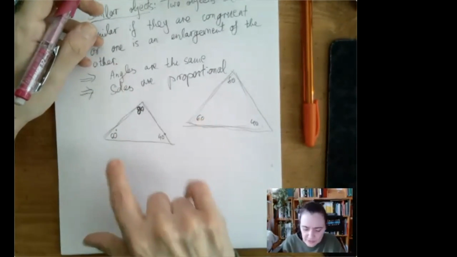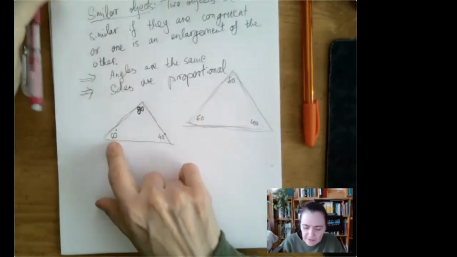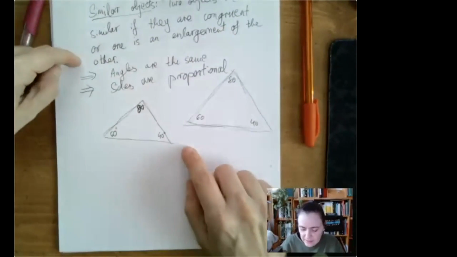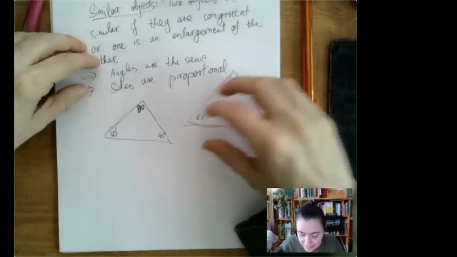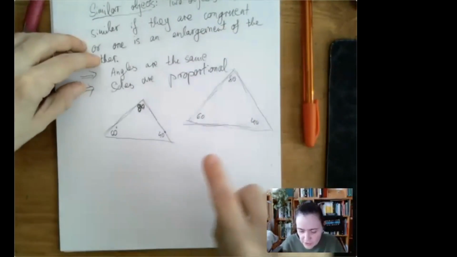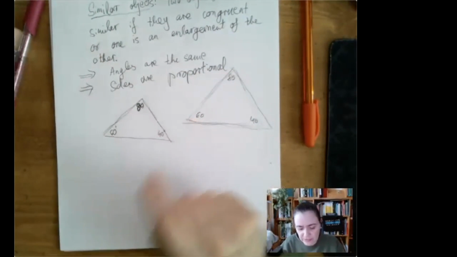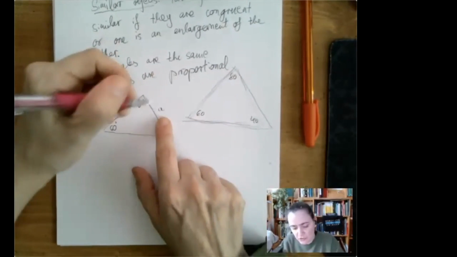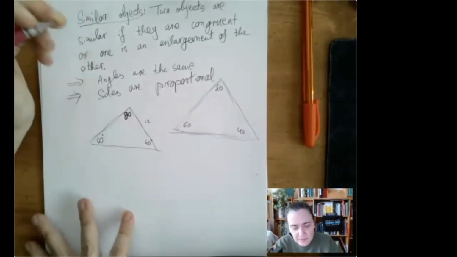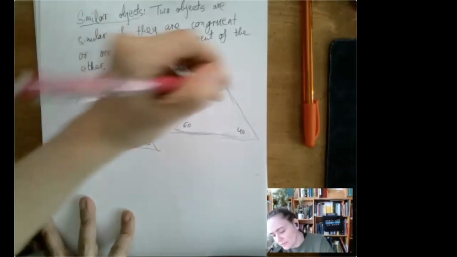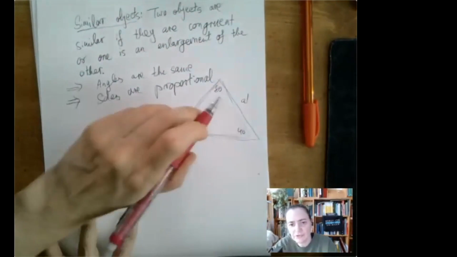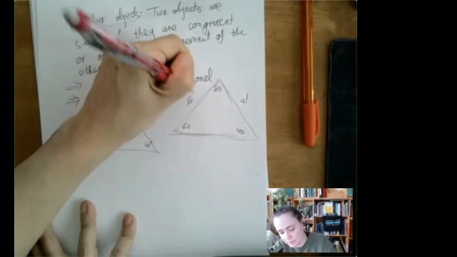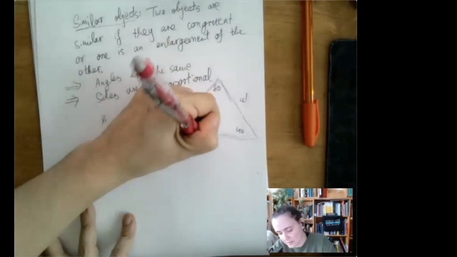So when we enlarge this one slightly, then this point will correspond to this point. If that point is A, this should be A prime. Sometimes with similar objects, we would use the same letter with a prime. And so if this is B, that would be B prime, and this is C, this would be C prime.